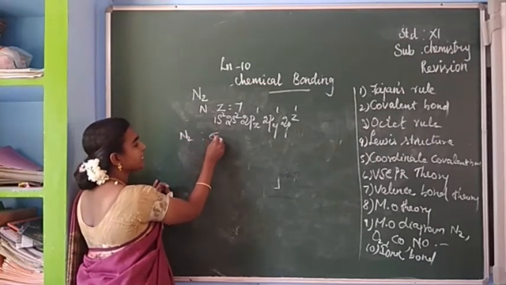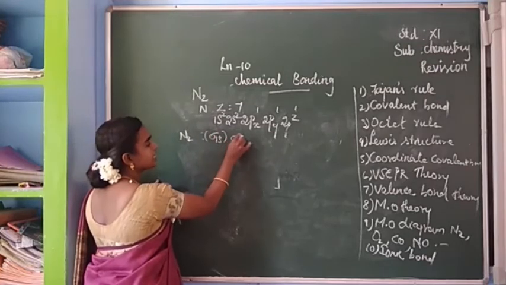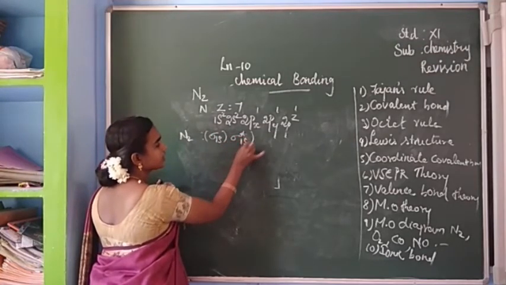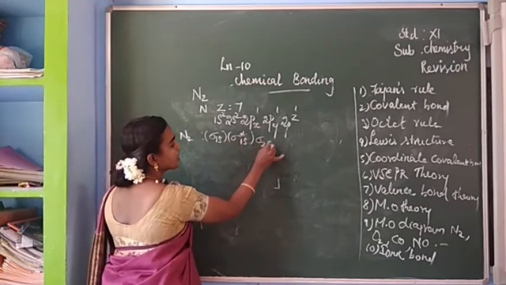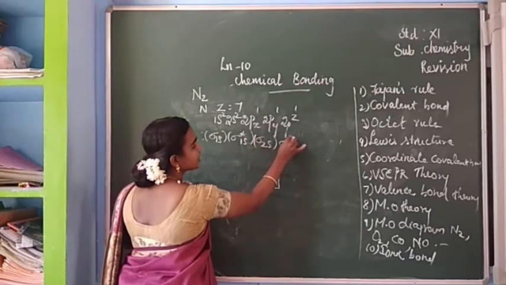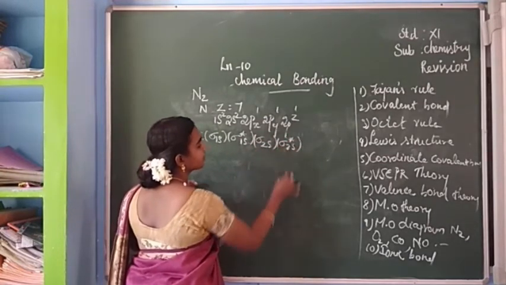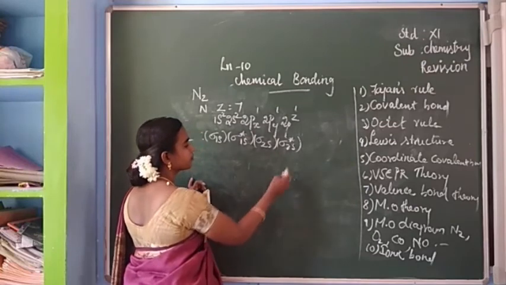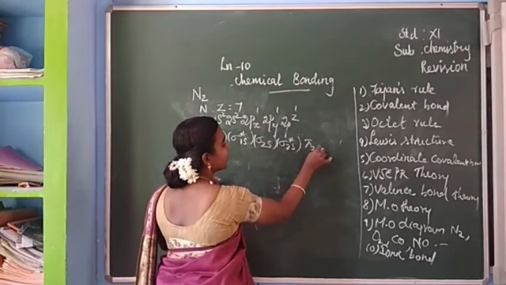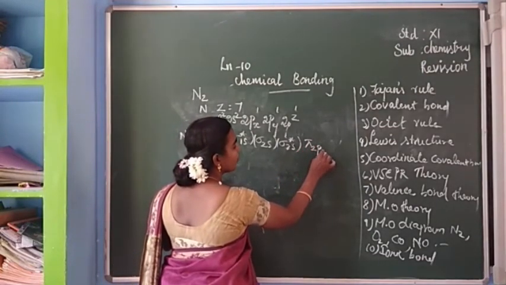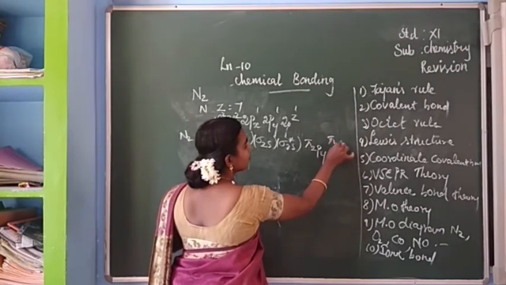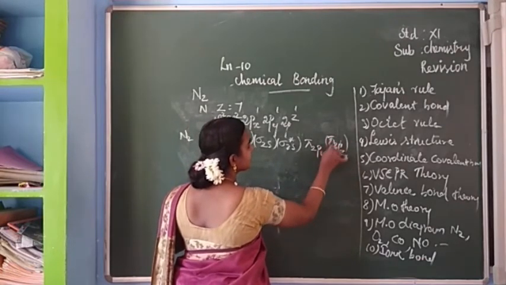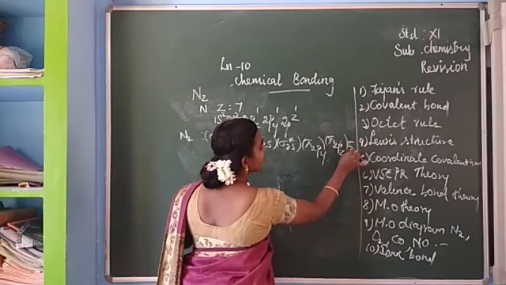Next, we have to write the electronic configuration for the N2 molecule, isn't it? So what's the way? Sigma 1s, sigma star 1s, sigma 2s, sigma star 2s. Next is pi 2py, pi 2pz, sigma 2px.